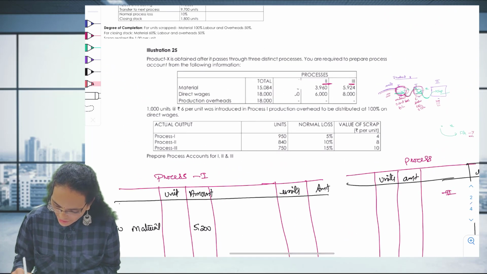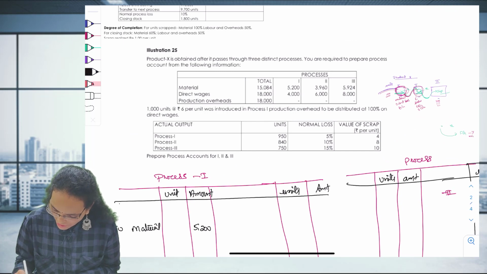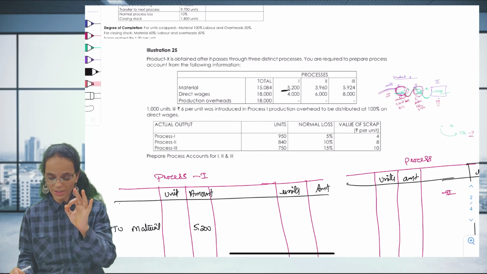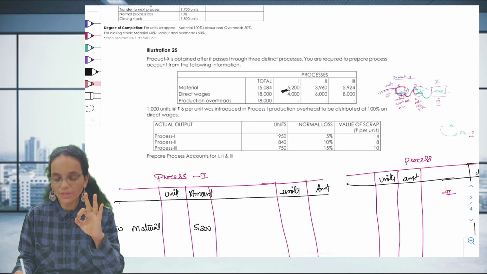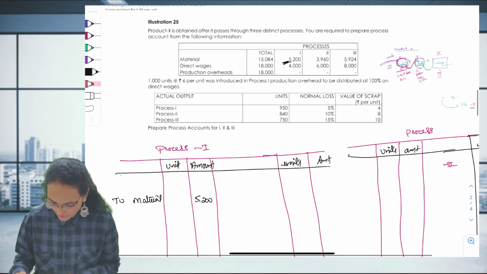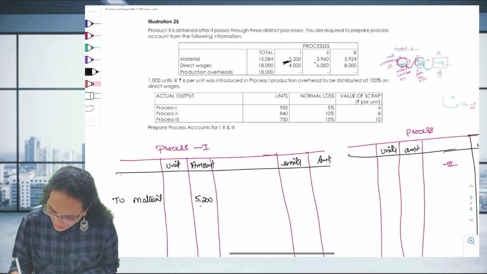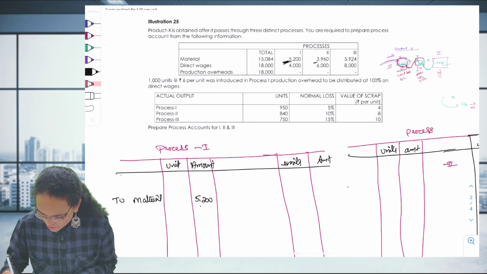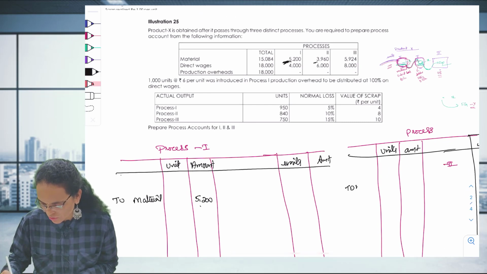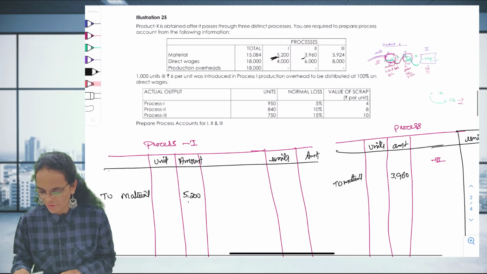See, initially 5200 worth of material has been transferred for the first process 1. Second process, 3960 to material. 3960. This is the amount, not the units.